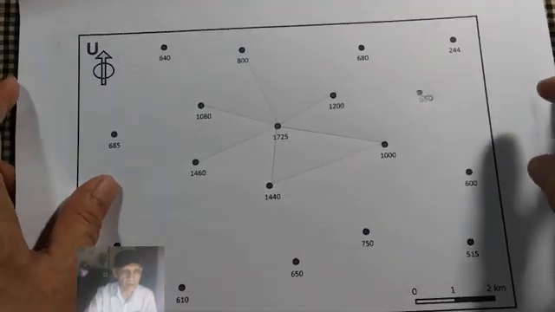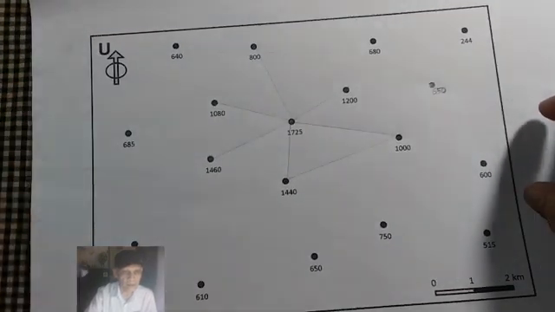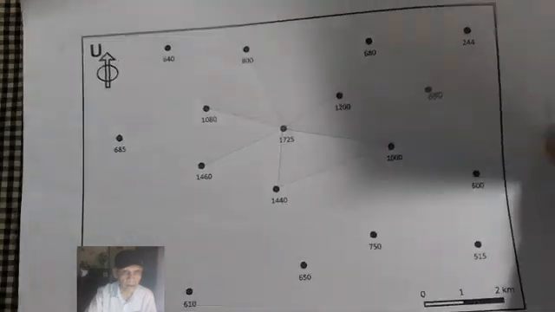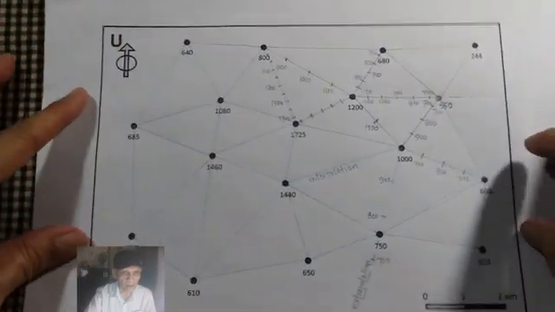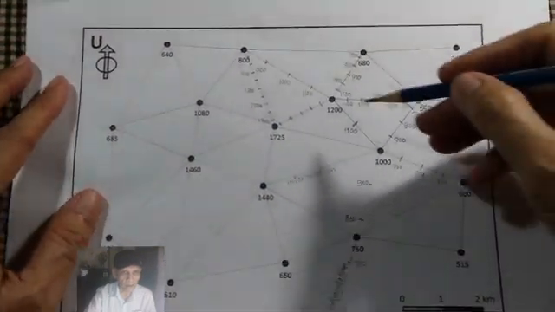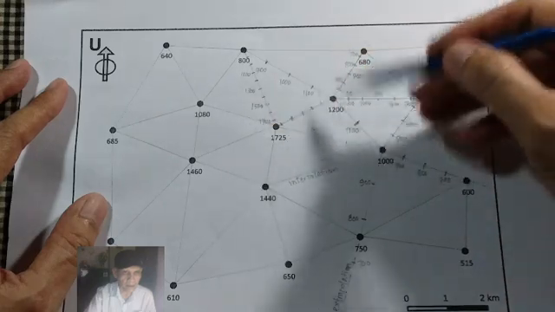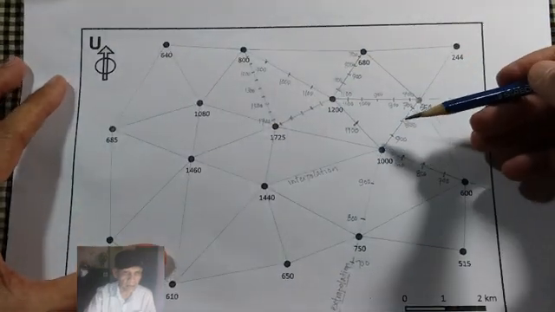If we connect all the points on the map, we have a figure like this one. We can see the points are all connected to each other.